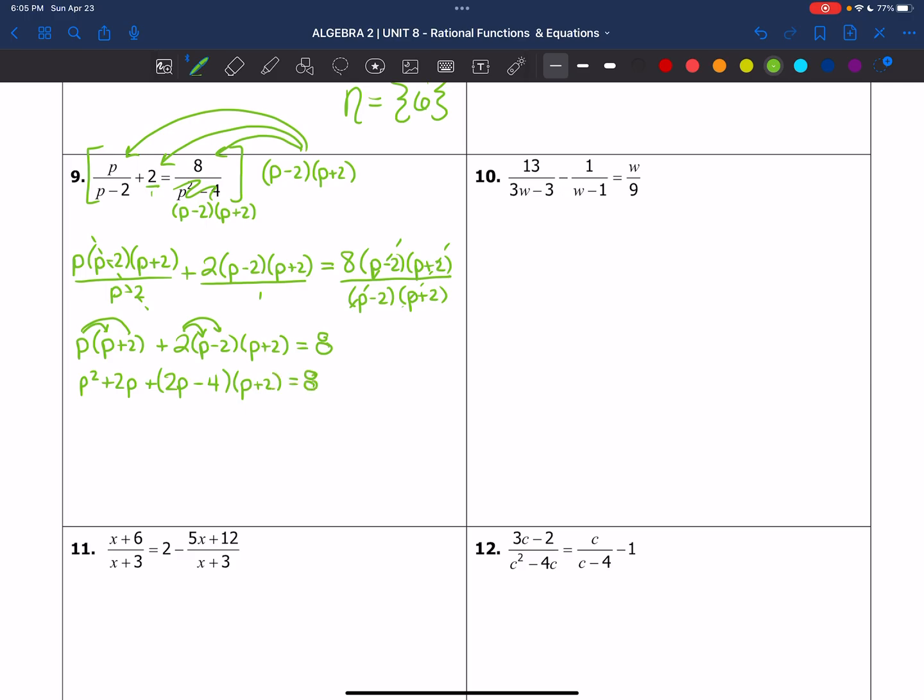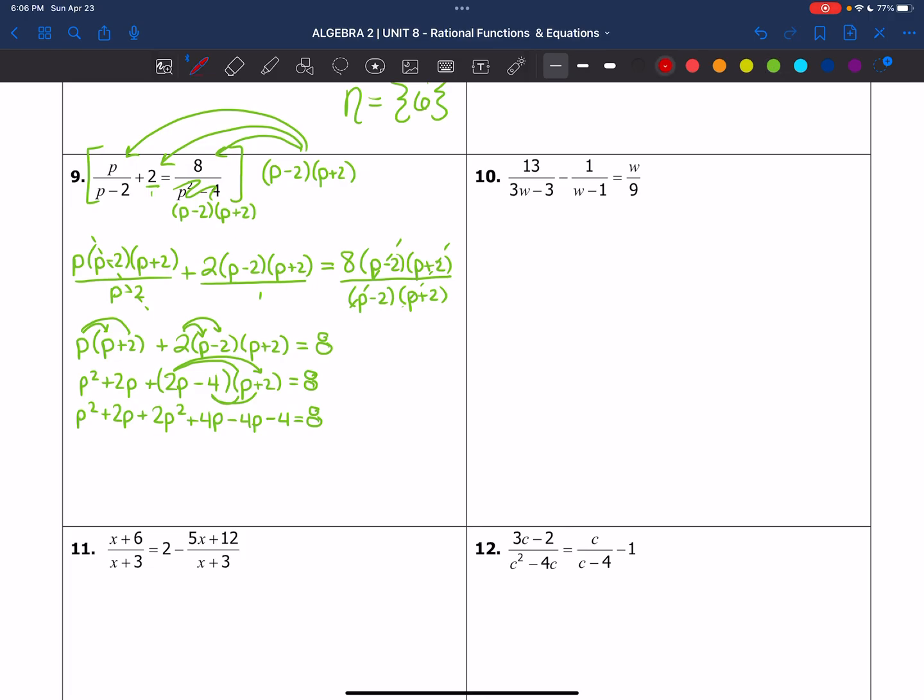So we'll have to now, we multiplied the first two, now let's multiply the result of that and the last one together. Still got my p squared, 2p. Now what do we have? This is going to be a 2p squared, and then plus a 4p, minus a 4p, minus 4. All equal to 8.